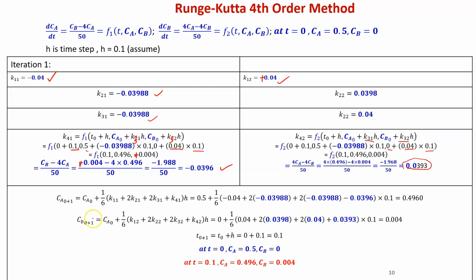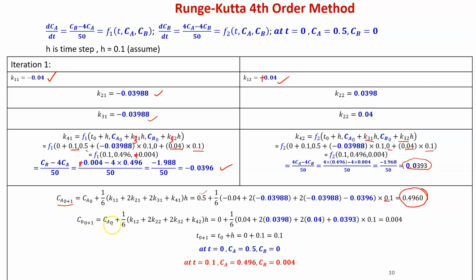Now here we have to calculate CA1. CA1 is equal to CA0 plus 1 by 6, K11 plus 2K21 plus 2K31 plus K41, into H. So 0.5 is CA0, 1 by 6, and all these values into 0.1. Ultimately we will get 0.496.